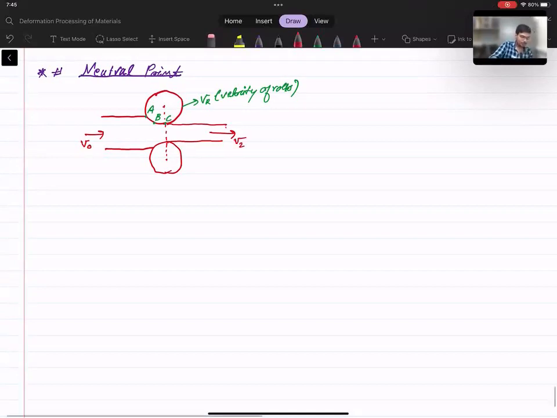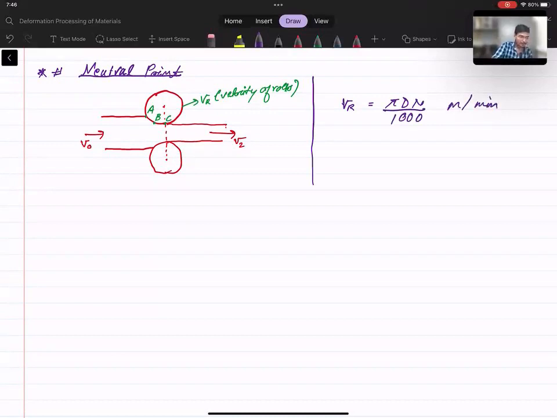Here VR is given as pi d n over 1000 meter per minute.